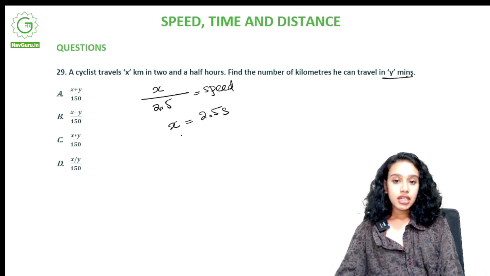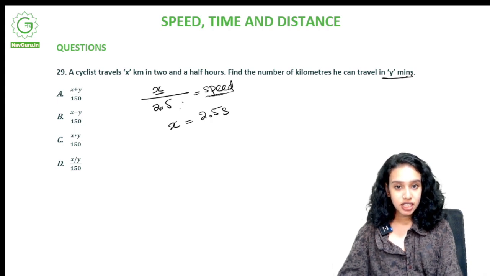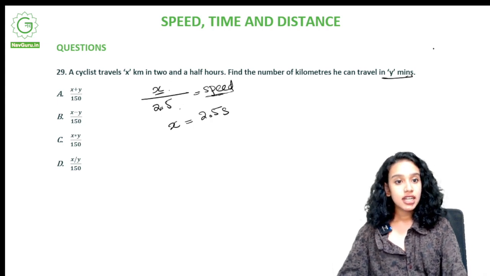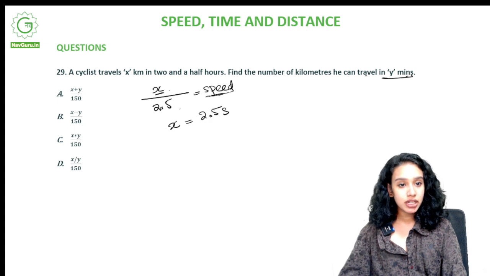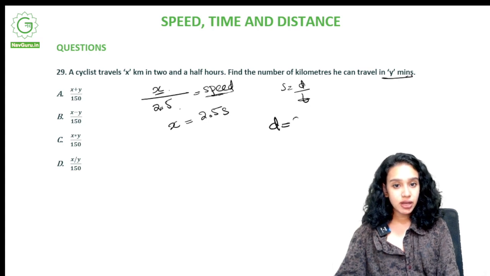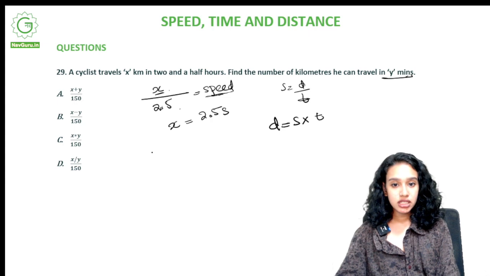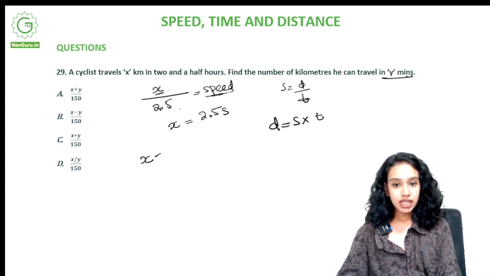So we know that the speed is X by 2.5, right? The distance is X only. Now we have to find the number of kilometers he can travel in Y minutes. Speed is equal to distance by time, so to find distance, we multiply speed into time, right?